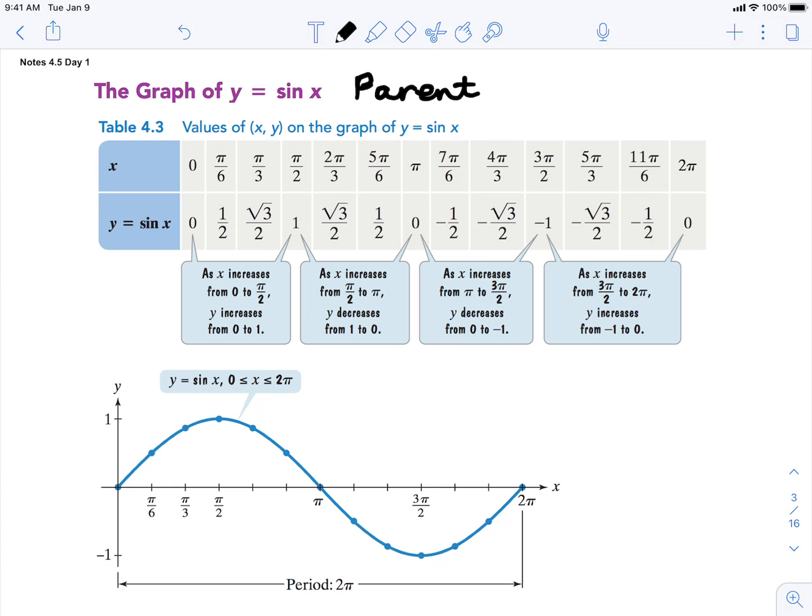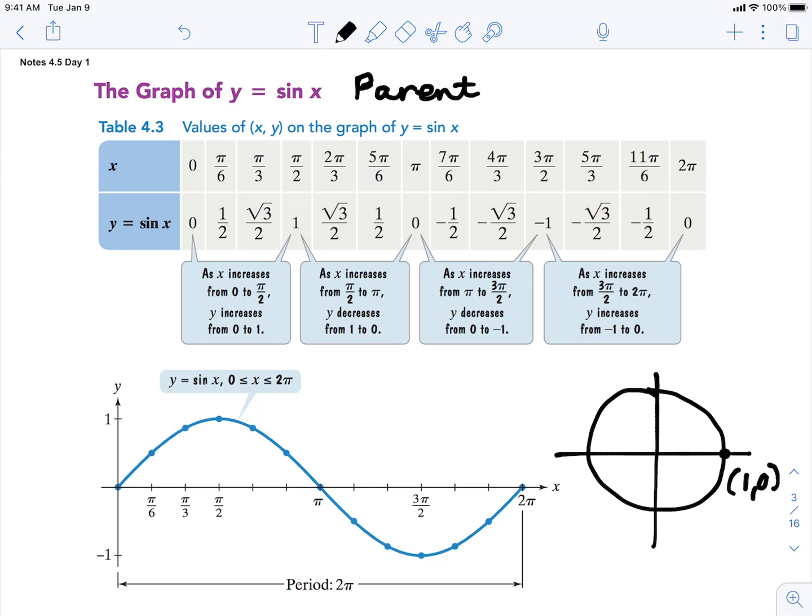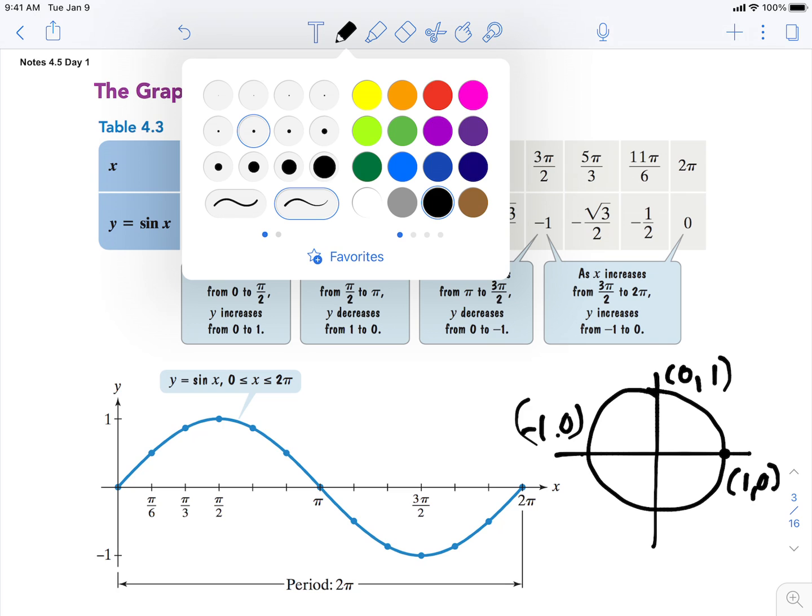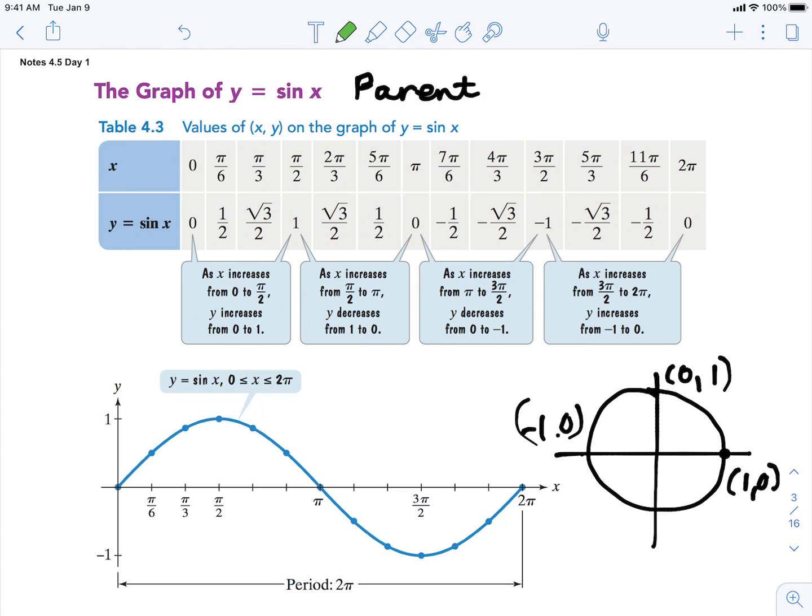So if we think about the unit circle, and there's all those points around the unit circle, if we look at the first ordered pair 1, 0, and then 0, 1, -1, 0, etc. What we can do is find these ordered pairs around the unit circle.